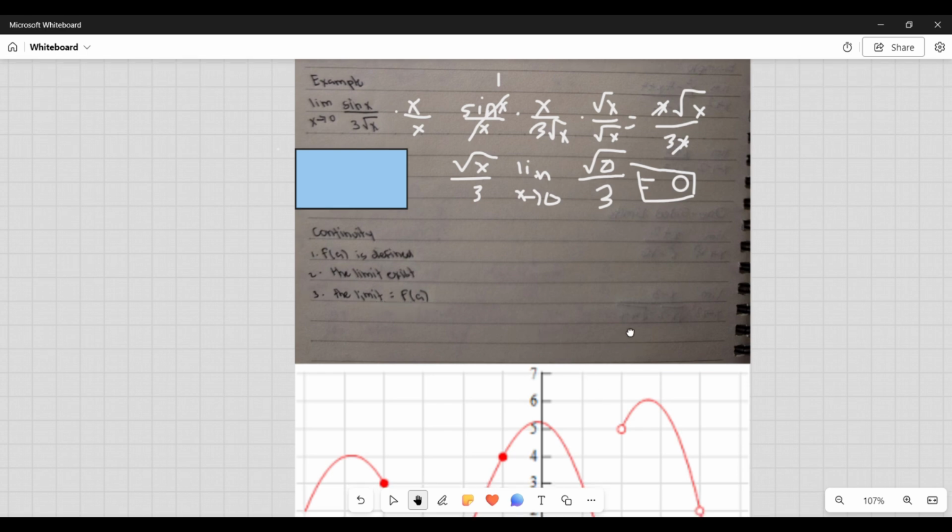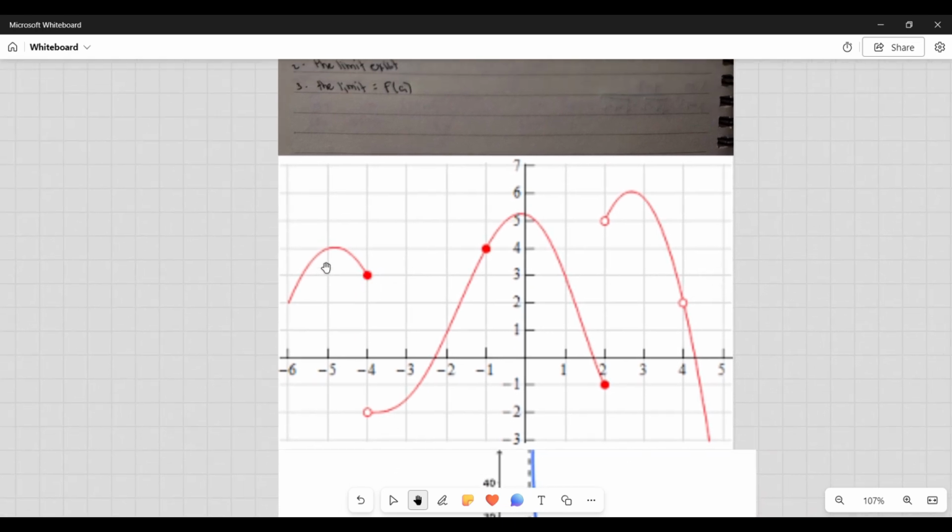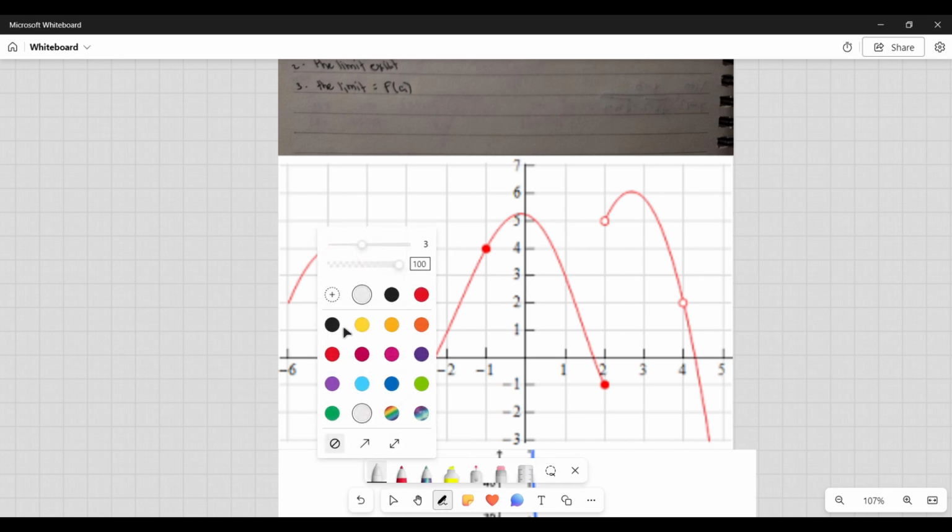So let's take a look at this graph. As we can see here, this portion is discontinuous to this portion as the left side approaches a coordinate of -4, 3. Let's note that.